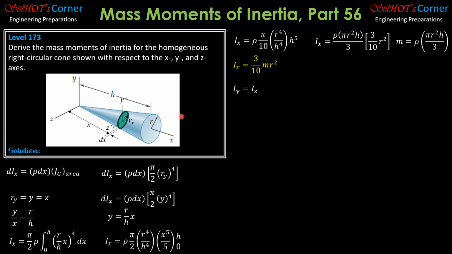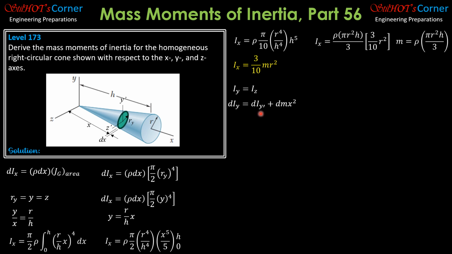So differential Iy equals differential Iy prime plus differential mass x square by the parallel axis theorem. Differential Iy prime, on the other hand, is density times thickness, rho times dx, from the preceding experience we have on this element, the circular plate.